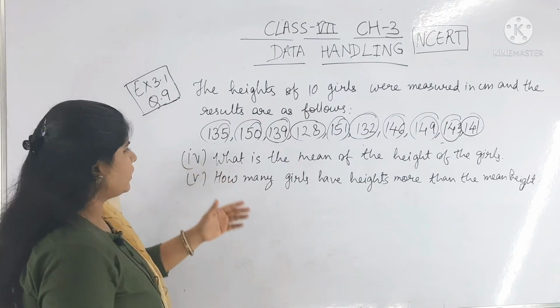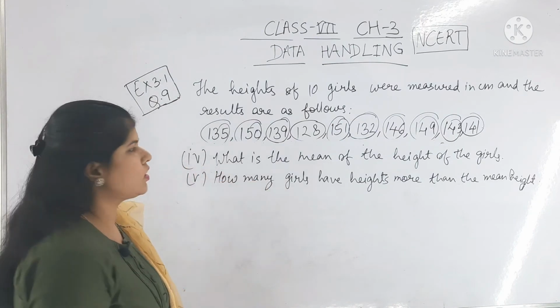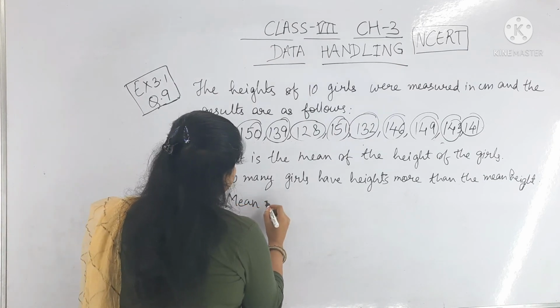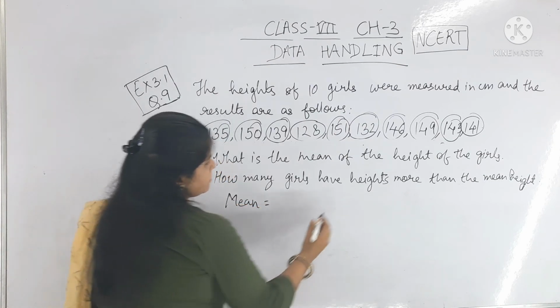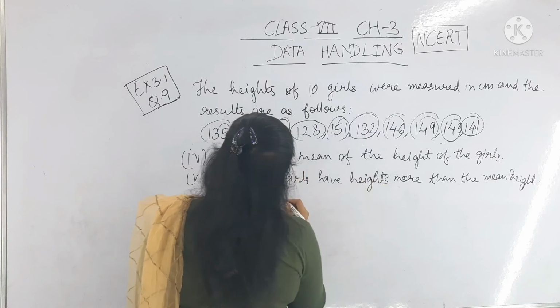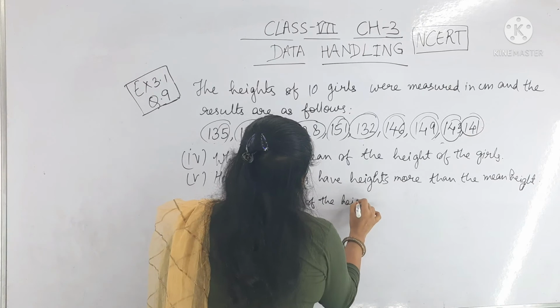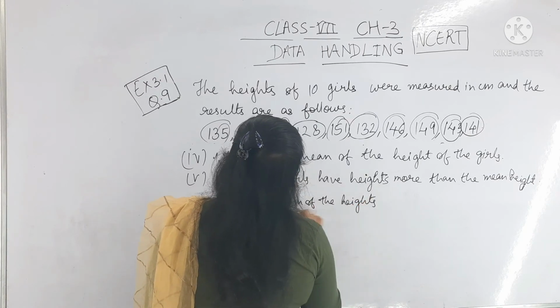The fourth part is what is the mean of the height of the girls. So we know the formula, mean is equal to sum of the heights upon total number of girls.